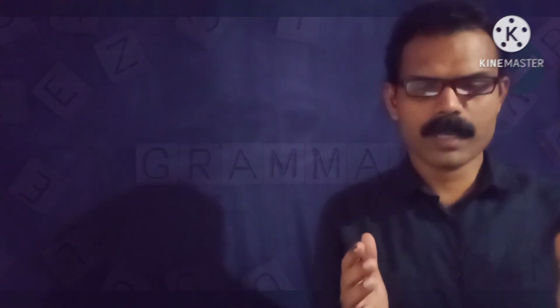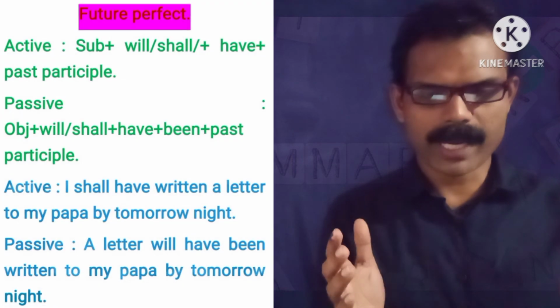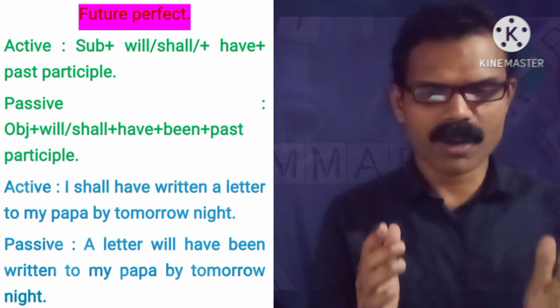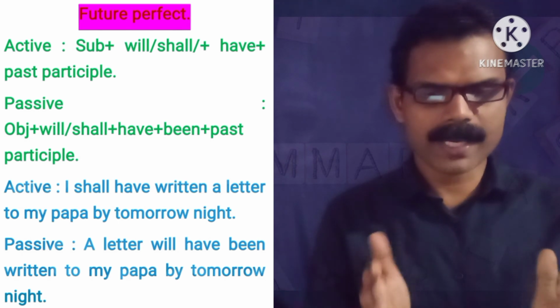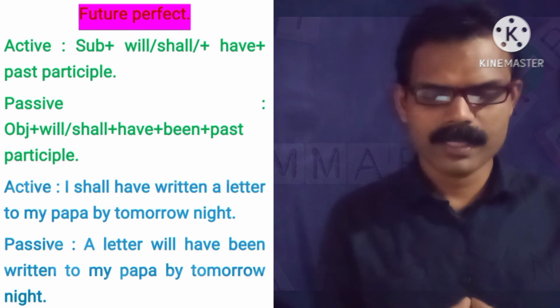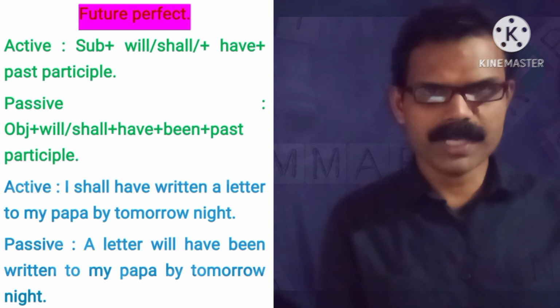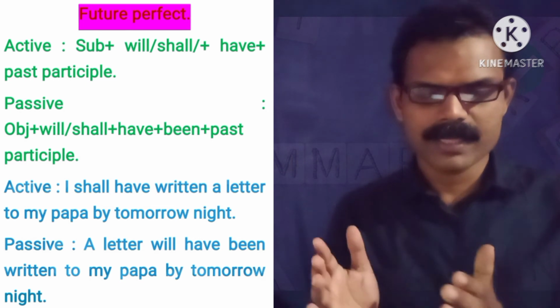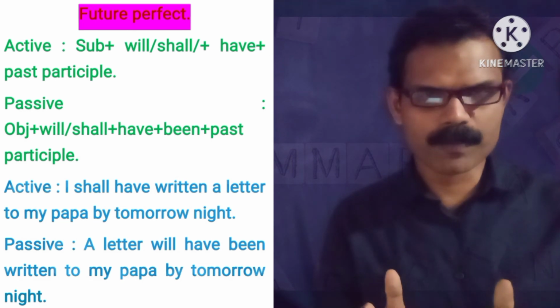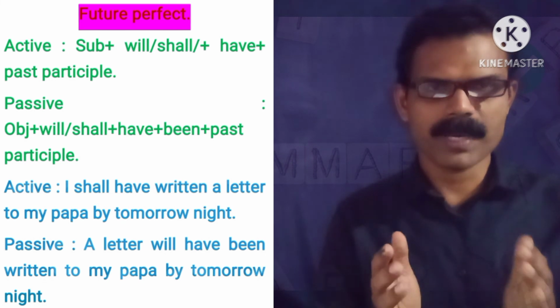Okay, future perfect, the format, subject plus will or shall plus have plus past participle. That is active voice. Then passive voice, object becomes subject, so object plus will or shall plus have plus been plus past participle.